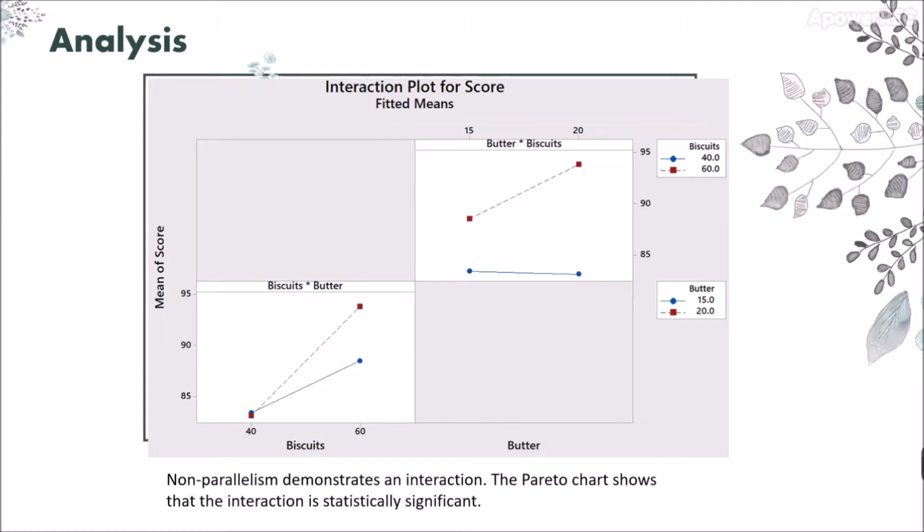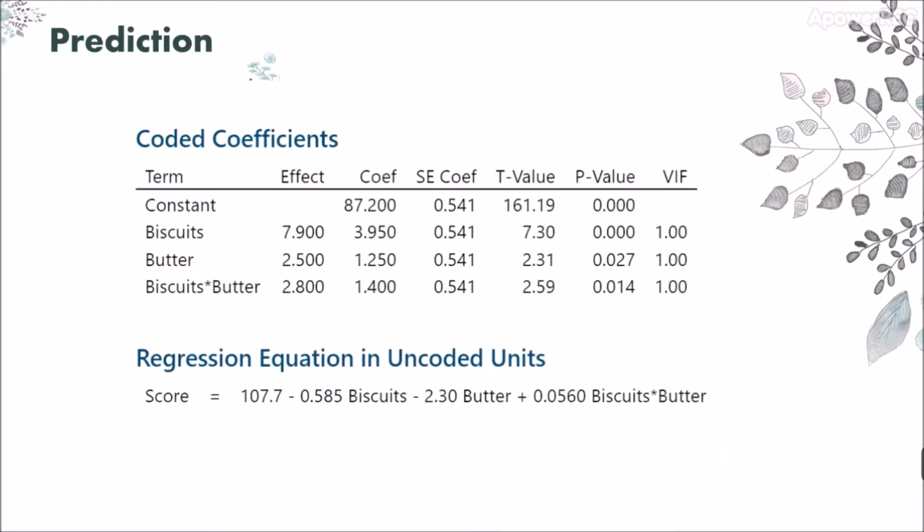And for the interaction plot, we can see the lines of biscuit and butter are not parallel, which means that they have an interaction with each other. Also, from the coded coefficients table, we can see the p-values of the variables are less than 0.05, indicating that they are useful predictors in this model.